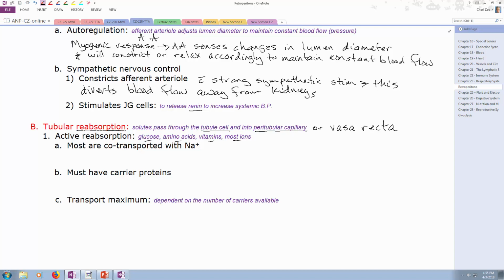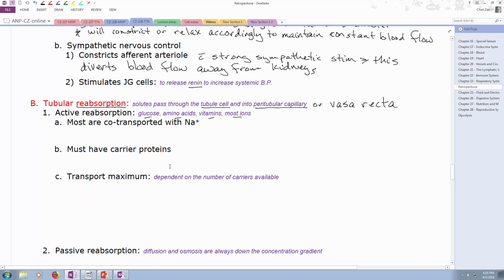Most of this reabsorption process involves co-transport with sodium ions. So they're coupling diffusion gradients for sodium to also help provide some of the energy for this reabsorption of these various solutes.